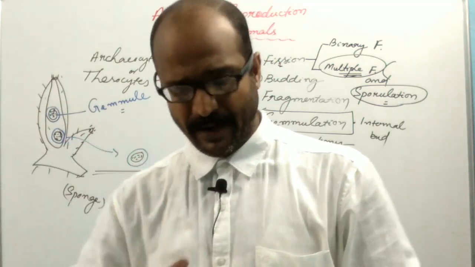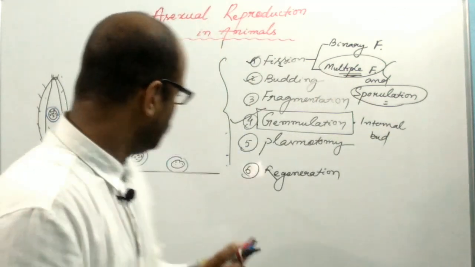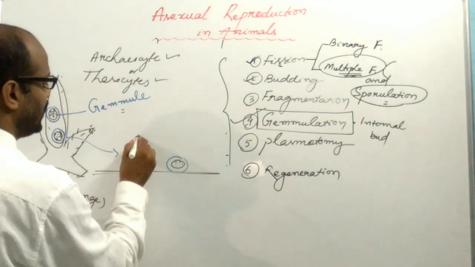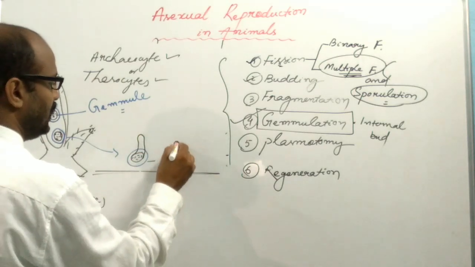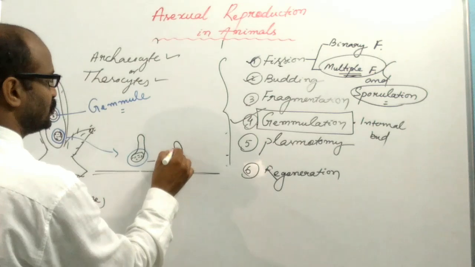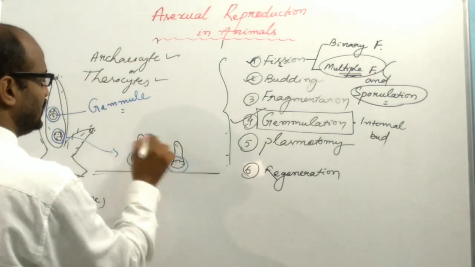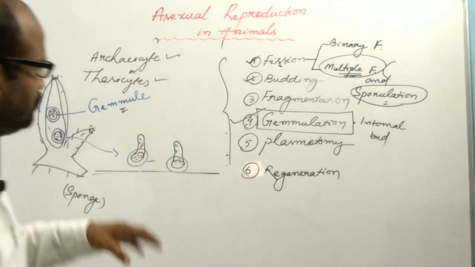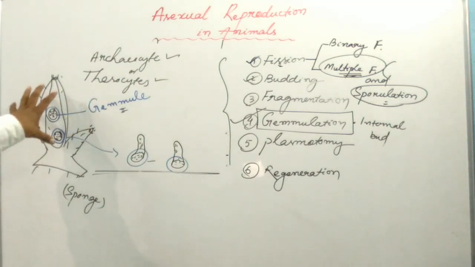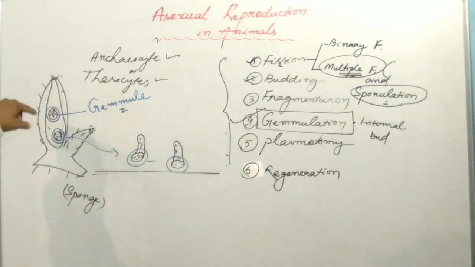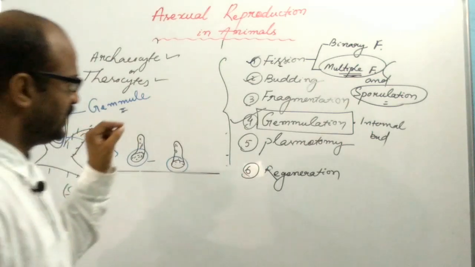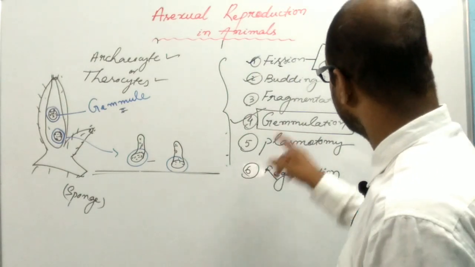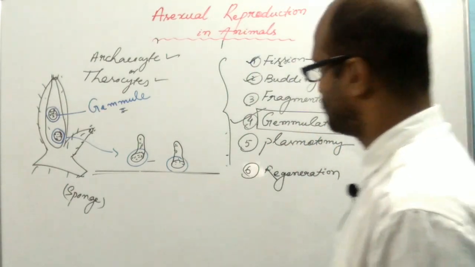At the arrival of favorable condition, these gemmules are set free and germinate into a new sponge. This is known as the process of gemmulation. Such a gemmule is one type of bud which forms inside the spongocoel, inside the sponge. That's why it is known as the gemmulation process.